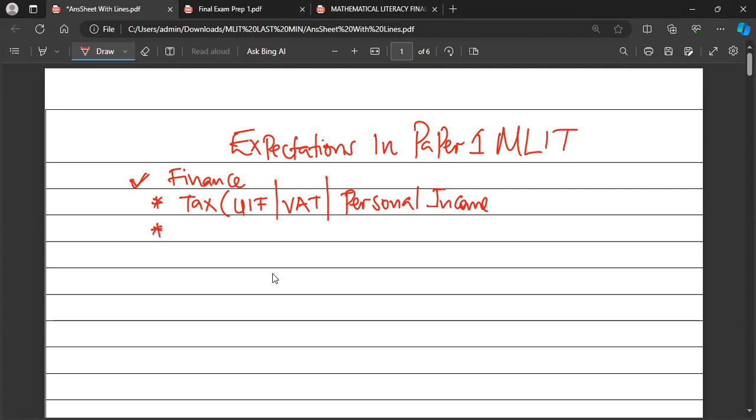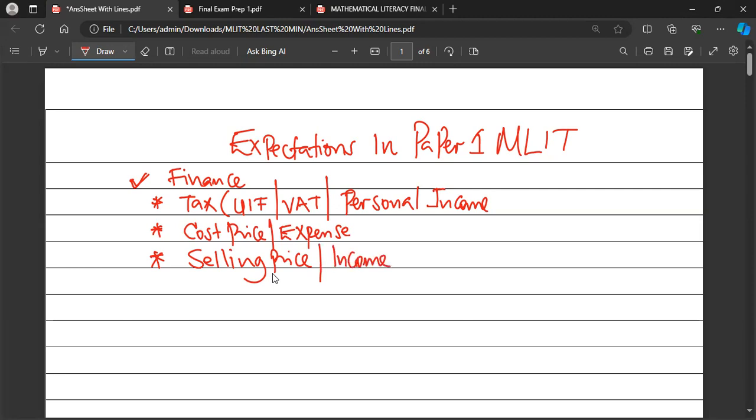Number two, when we look at paper one, finance, then we shall be looking at cost price. Cost price, someone else would call it expenses. All right. We shall look at the selling price, which has to be the income.